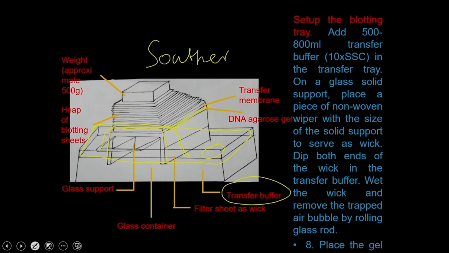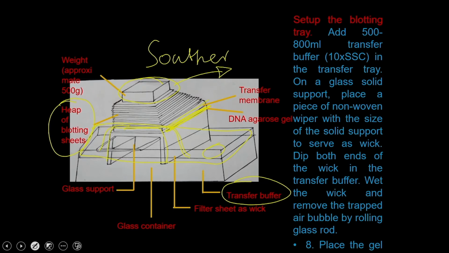On top of this glass support you keep the agarose gel, and on top of that you keep the nitrocellulose sheet, and then the blotting sheets. You are going to have about 50-60 blotting sheets, and on top of that you keep a big weight, so that this weight presses the blotting sheets.